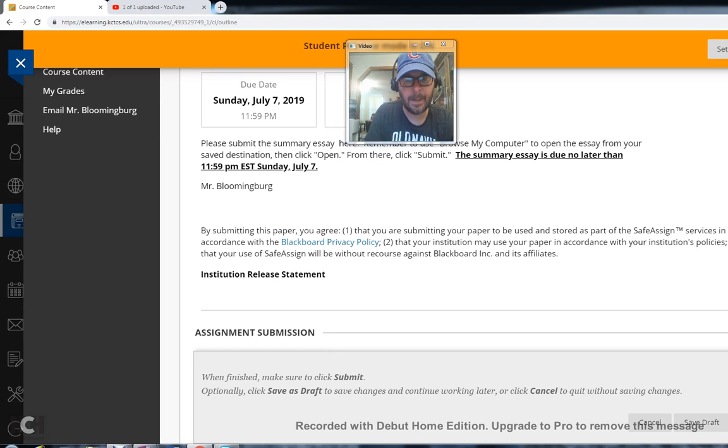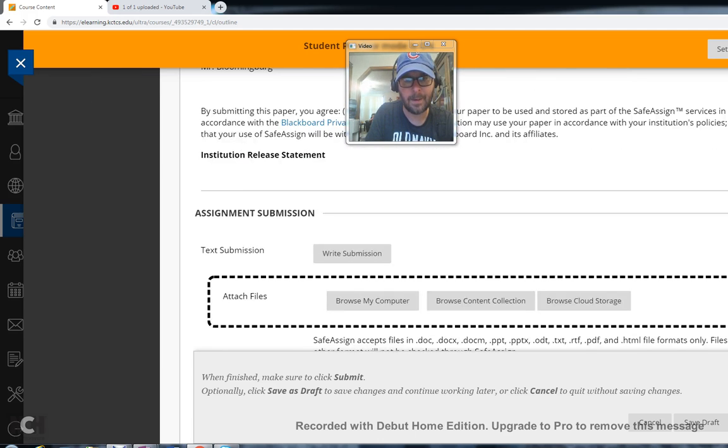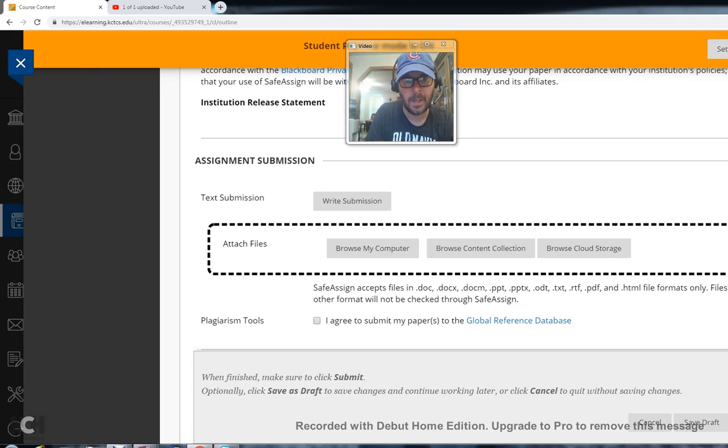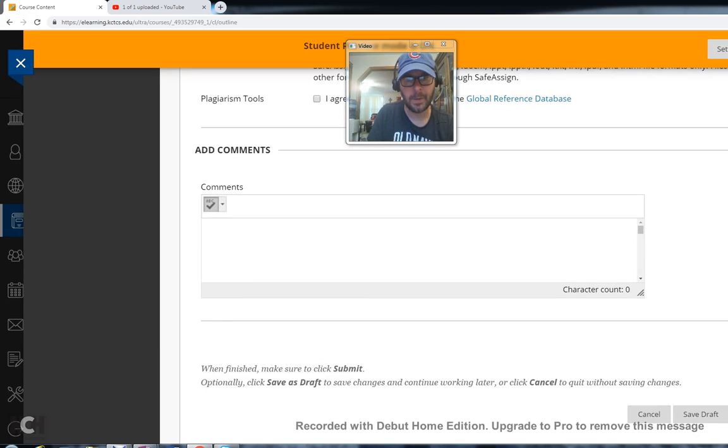But if not, or if it's coming from an online source, it will identify it in the submission. So you just need to do it the same as always. Hit Browse My Computer, open up your assignment from its saved destination. You'll see it attached down here. Make sure you click the I agree on the plagiarism tools. That's the SafeAssign I was just talking about, because you'll need to do that.